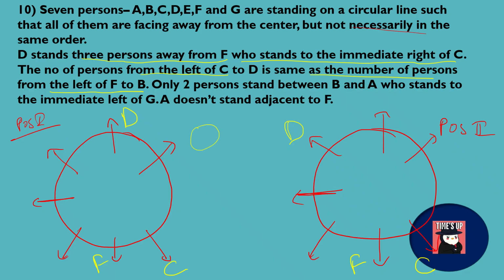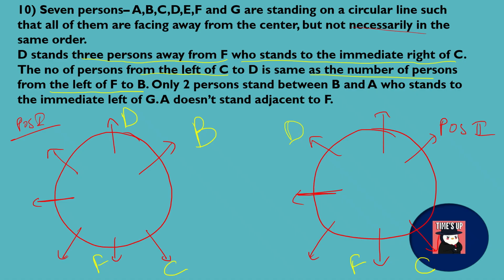Now from F to B also there should be same number of persons. So where I should place B then? I will place B here, because from C to D, when you go from left, you have one person. Same thing, when you go from left to B now, you'll get one person.